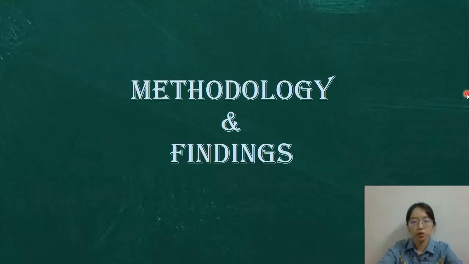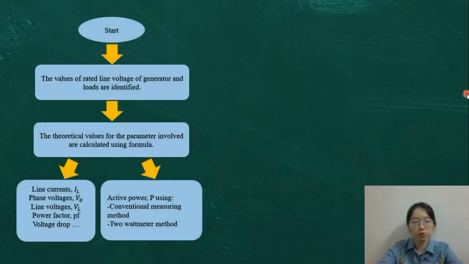Next, methodology and findings. Before we start our project, we need to plan it. We need to find our rated line voltage and load, and then use the information to calculate the theoretical values such as line currents, phase voltage, line voltage, power factor, voltage drop, and so on.